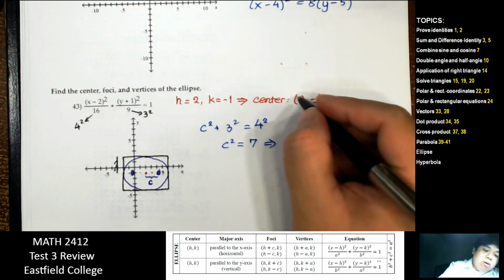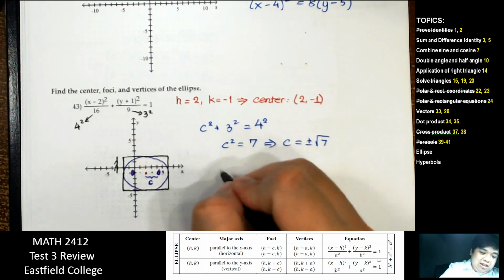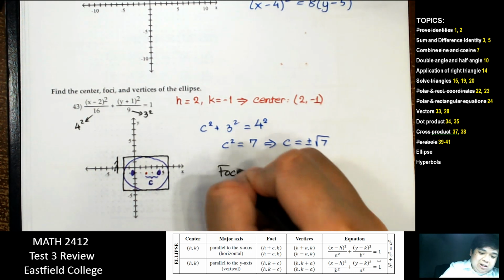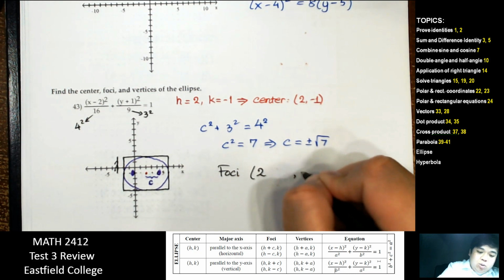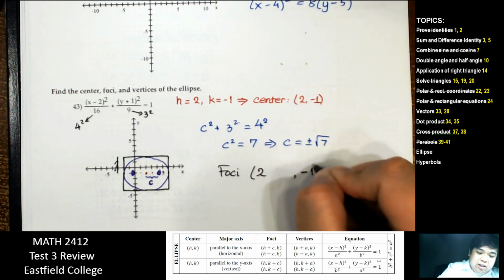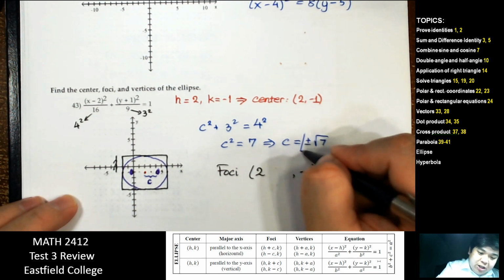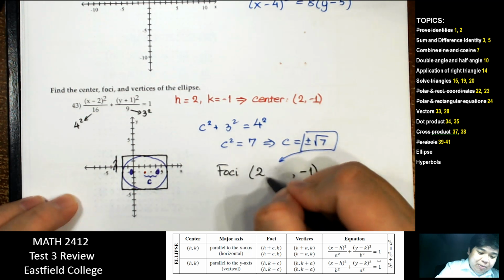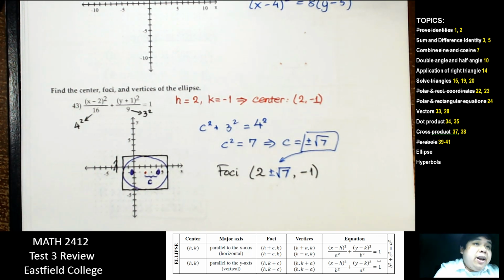And finally, from the center, we go to the foci. Since this one is horizontal, we just put this next to the x-coordinate of the center, and that's all we have.